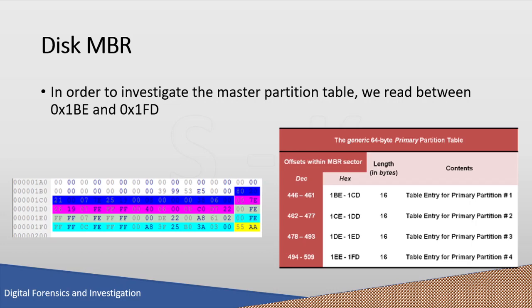Those values are also represented in table format here. The first partition table starts from 1BE and ends at 1CD. The second partition table starts from 1CE and ends at 1DD. The third partition table starts from 1DE and ends at 1ED, and so on.